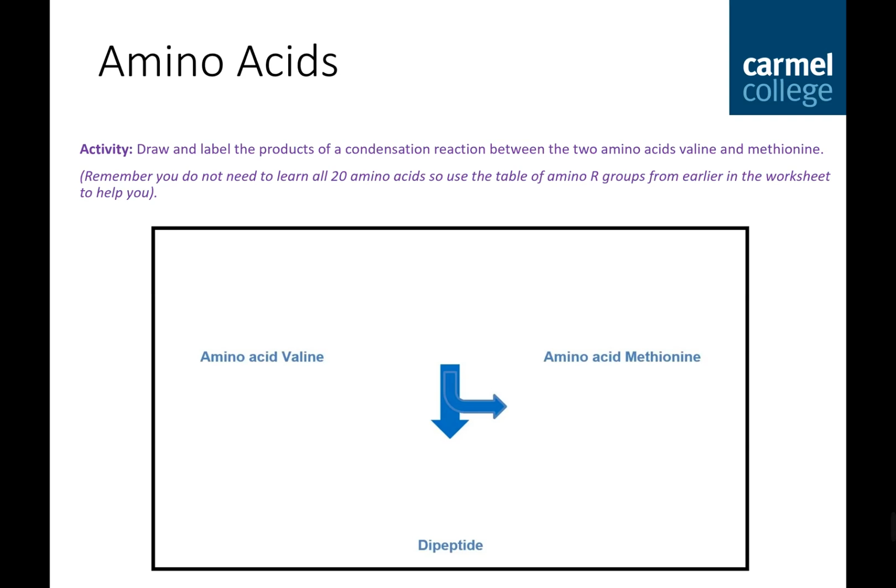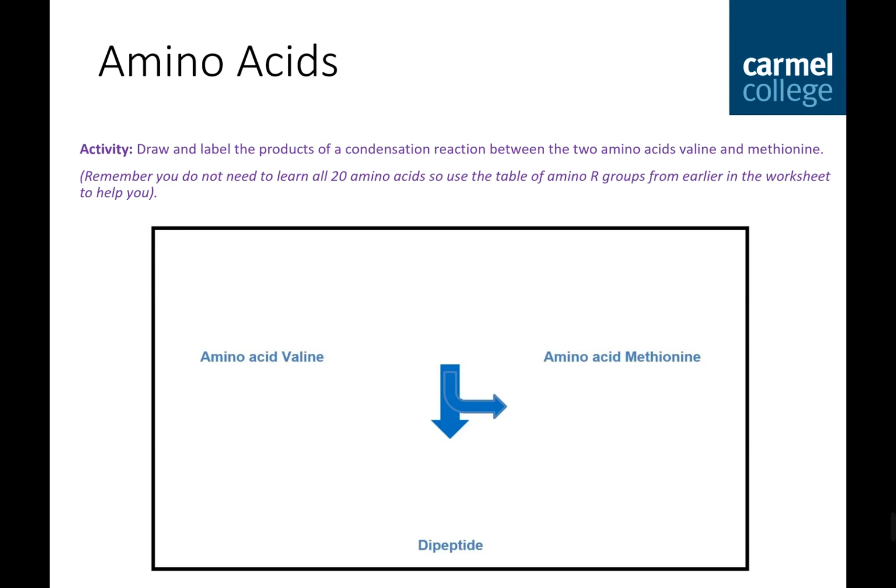Now I would like you to have a go at drawing the reaction between 2 specific amino acids. Remember I said before, you don't actually need to know how to draw from memory the structure of valine and methionine. You only need to know the general structure of amino acid. But in an exam, an examiner may provide you with the table that you saw earlier that showed the R groups of each of the individual amino acids.